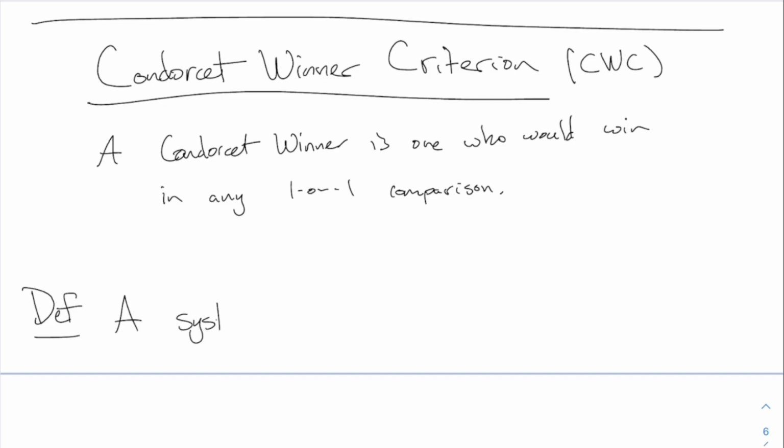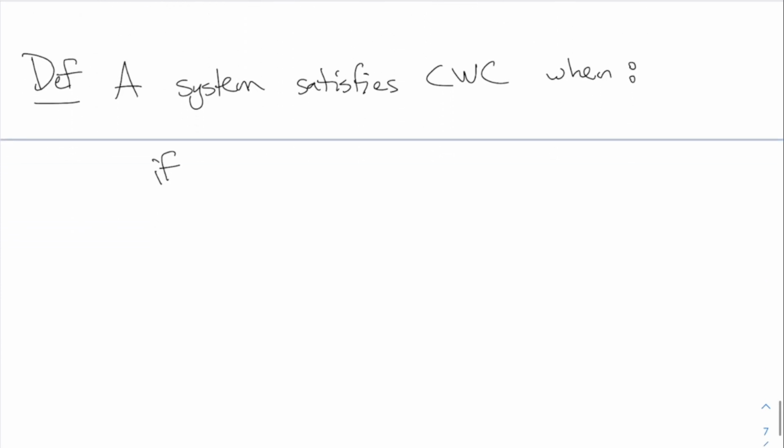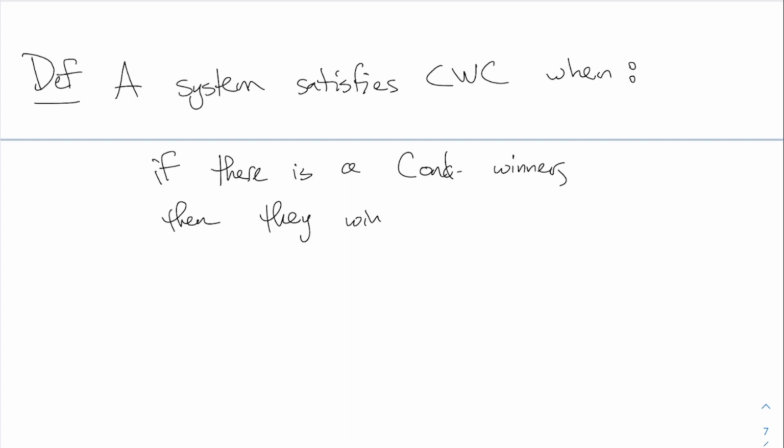A system satisfies the CWC when, if there is a Condorcet winner, that is somebody who would have won in any comparison against all of their other opponents, then they win the election. So CWC means when there is a Condorcet winner, that person ends up being the winner of the election.